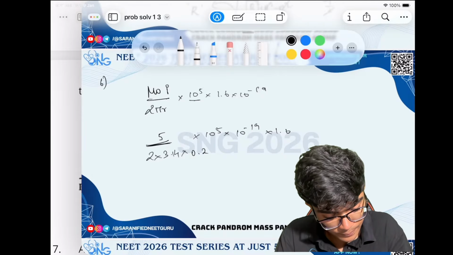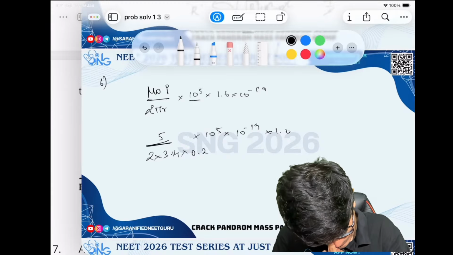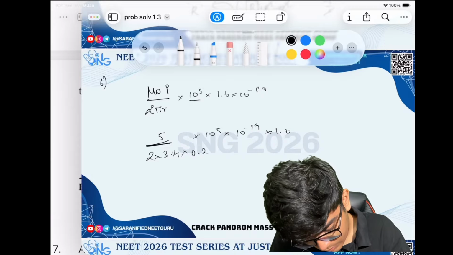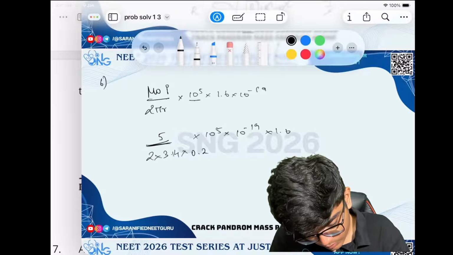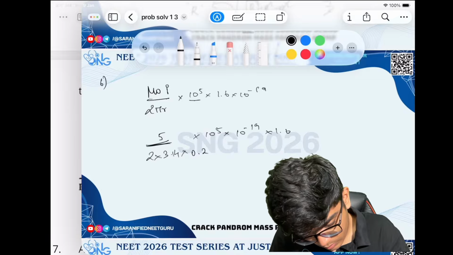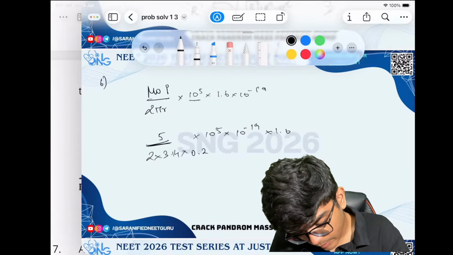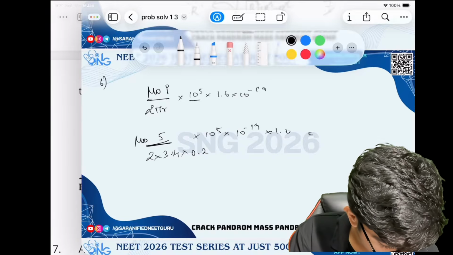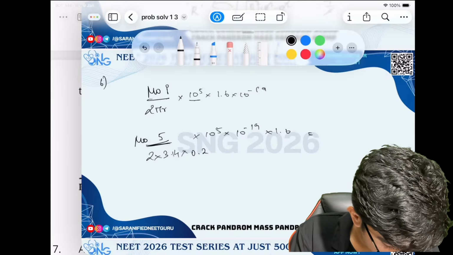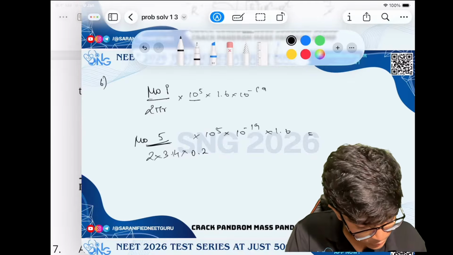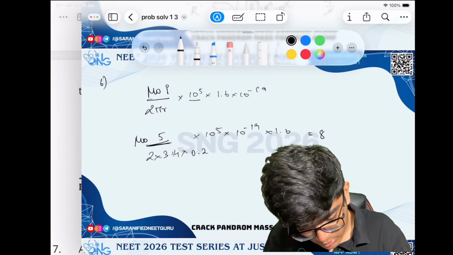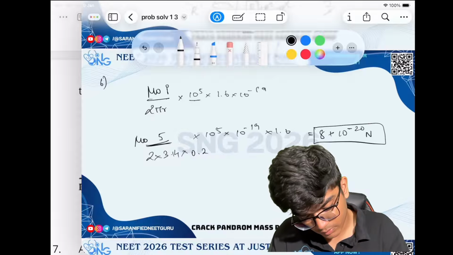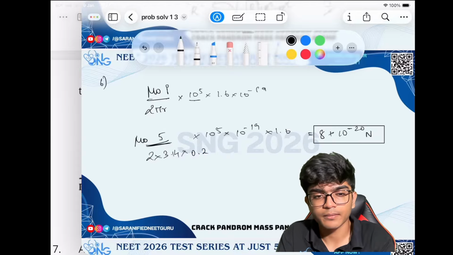If we solve this, we'll get somewhere around, let me calculate, one minute. We're getting around 8 into 10 power minus 20 units. Right? Okay.